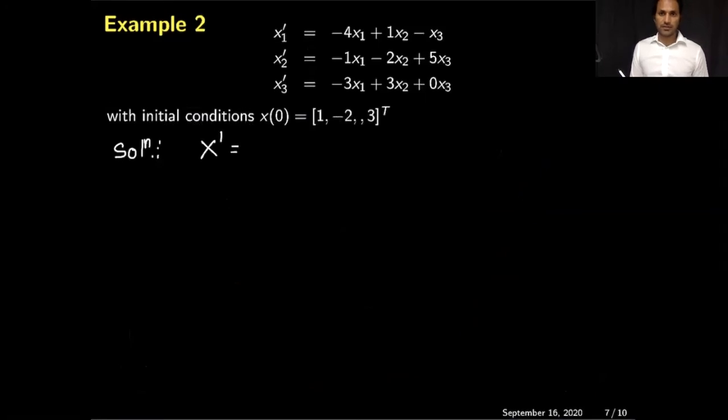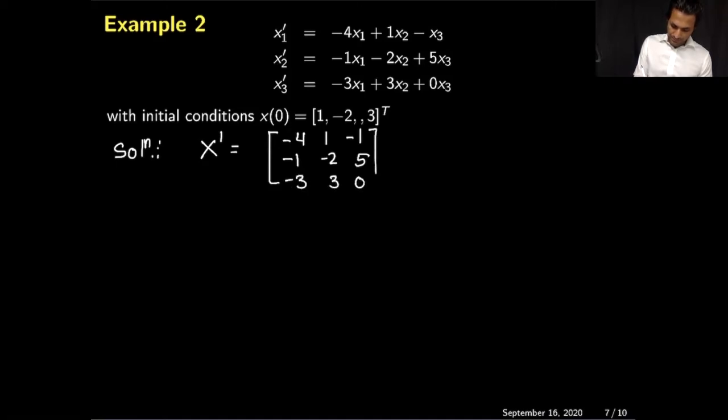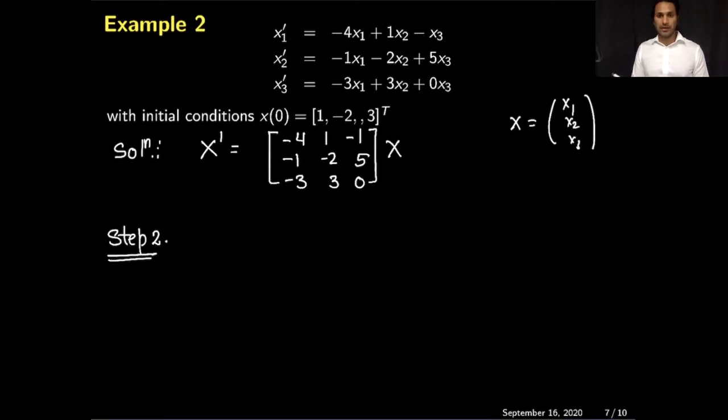First, I write the system of linear differential equations in matrix form as x prime equals the matrix [-4, 1, -1; -1, -2, 5; -3, 3, 0] times x, where x is the solution vector (x1, x2, x3).